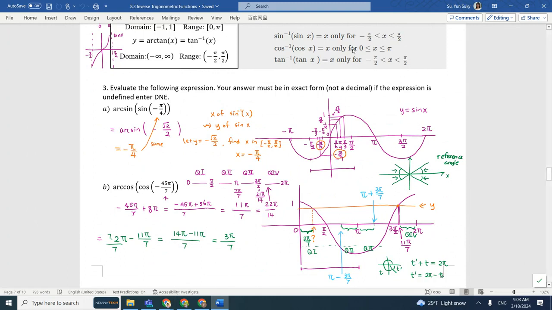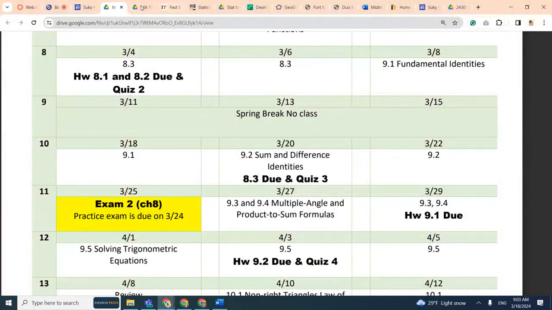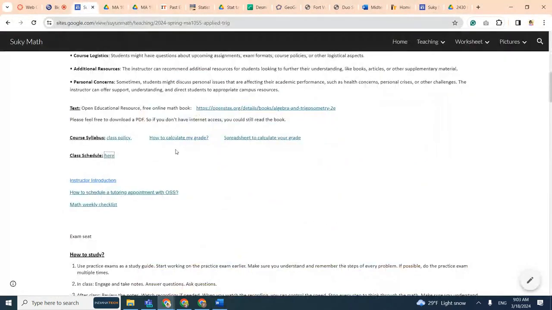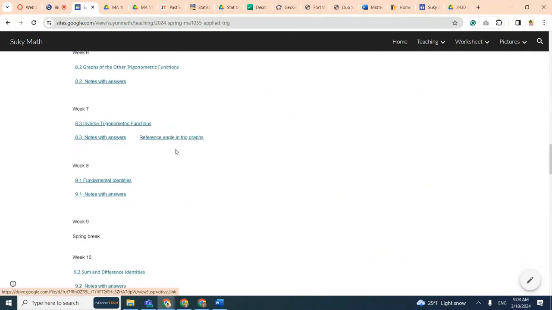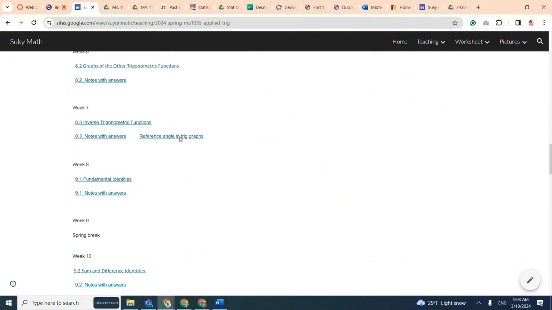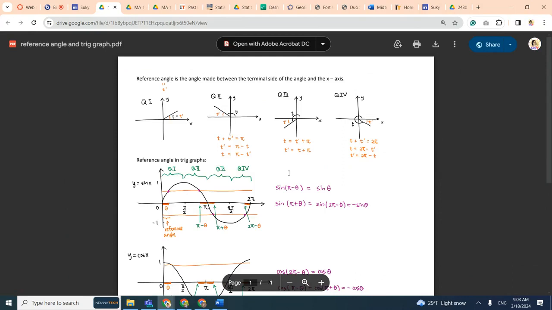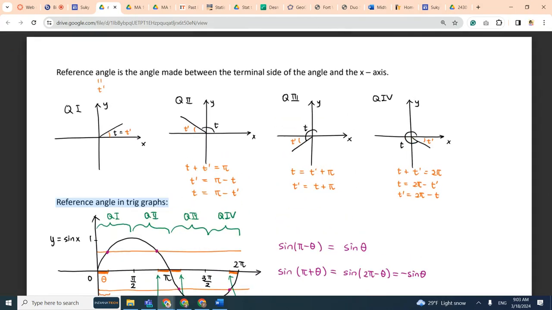Okay, so this part is very important. And the reference angle formula sheets I posted on the website, week 7, next to the 8.3 notes with answers. So you can click that. If you lose it, then you can look at these files.